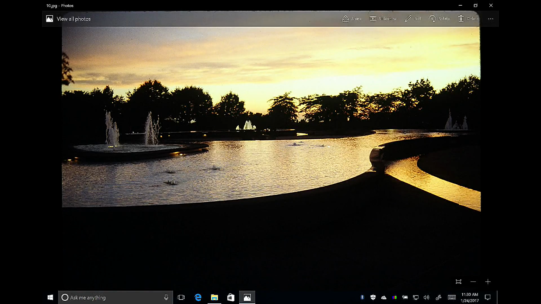All right, this is a sunset shot that we're going to take a look at here for the silhouette effect. You see that the backlighting of the sun is going down behind the trees, and since we don't have much light in the foreground, all the light and all the intensity of the light is behind the trees, so they go into silhouette. In the middle of the frame, just above the pool, there's a fountain that's being lit.